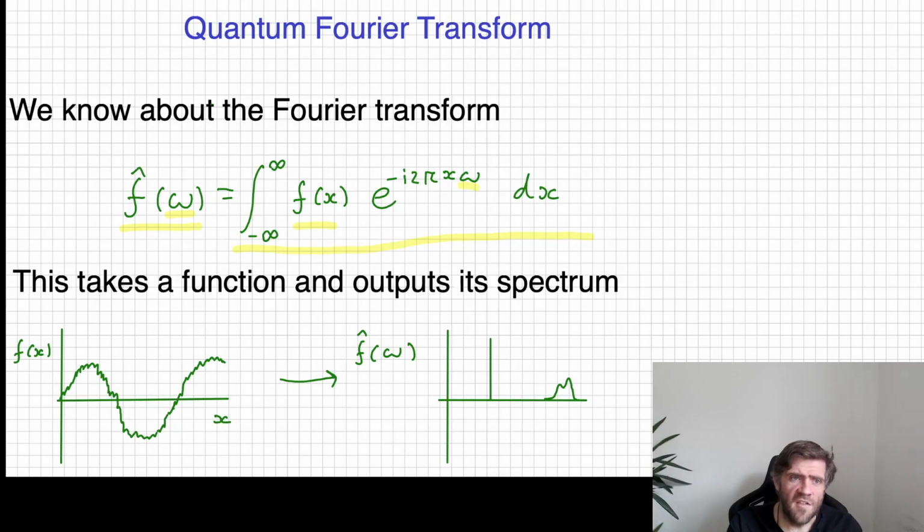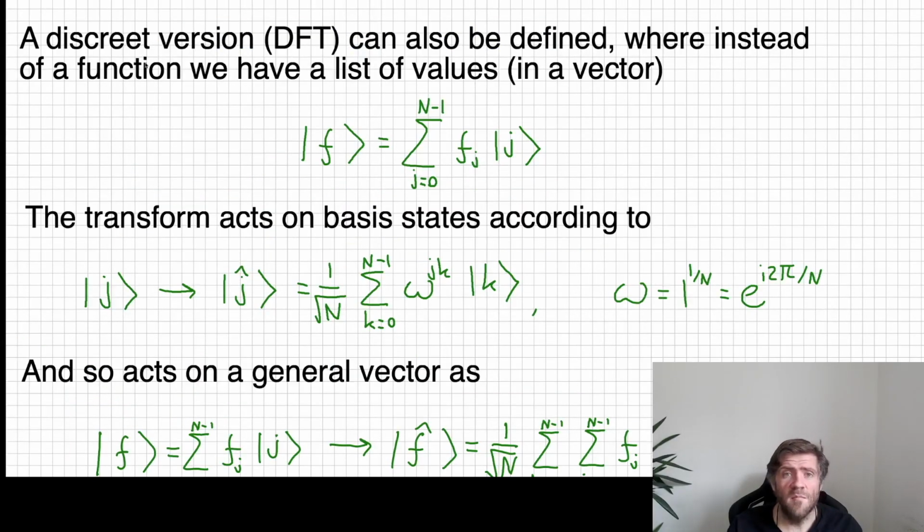So yeah, Fourier transforms are great. Can we do them with a quantum computer? Well, more fitting to what a quantum computer does is the discrete version of a Fourier transform, where instead of having a function which gives you various values f of x for particular values x, we are going to have values f_j corresponding to basis vectors labelled by integers j.